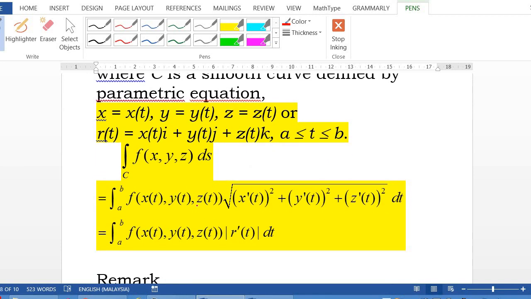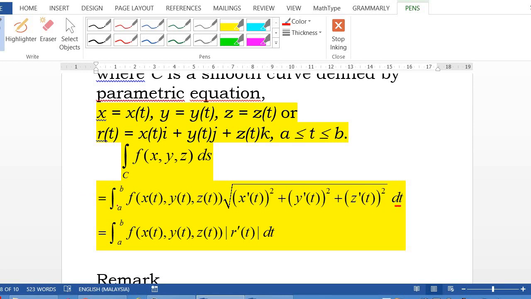Then to evaluate the line integral of f(x, y, z) ds along curve C, variable x is replaced by the parametric equation x(t), y by y(t), z by z(t), and ds by the square root of (dx/dt) squared plus (dy/dt) squared plus (dz/dt) squared, with dt outside of the square root.